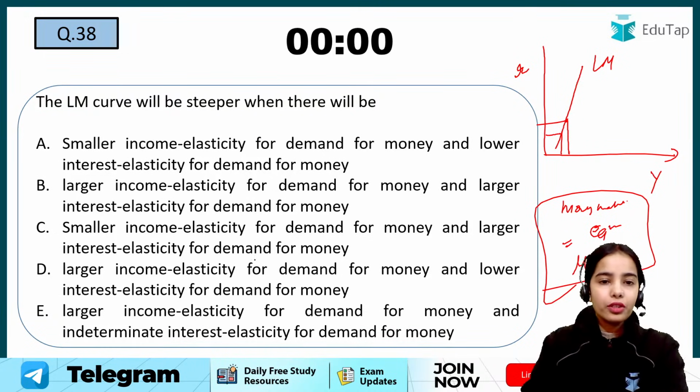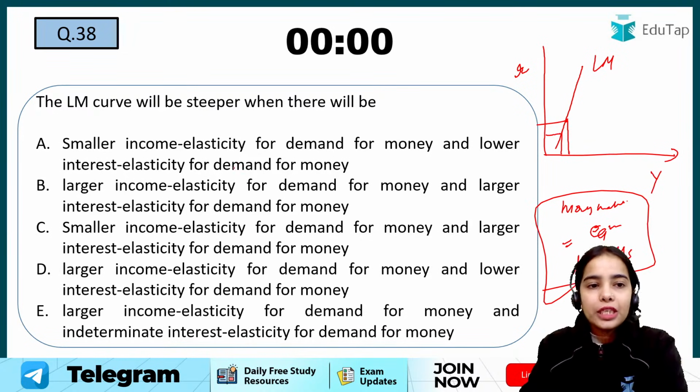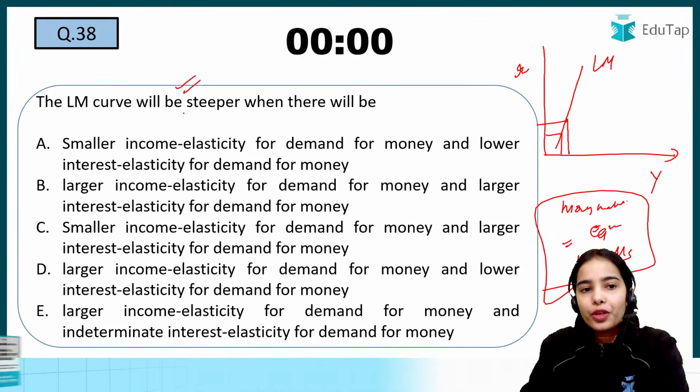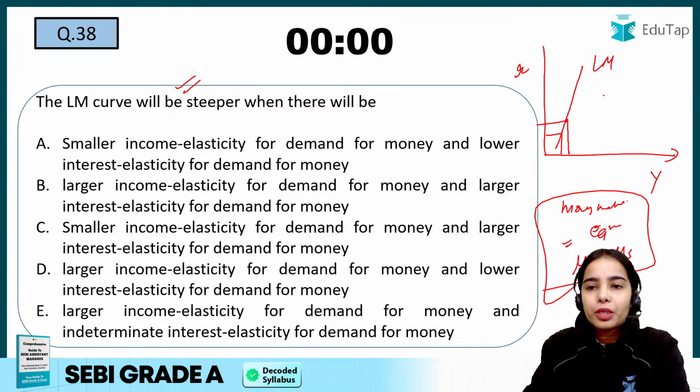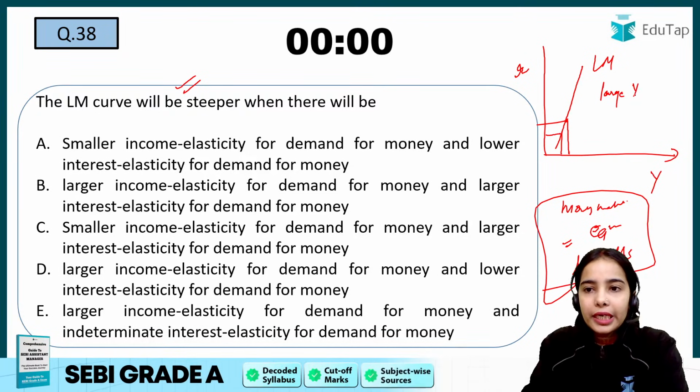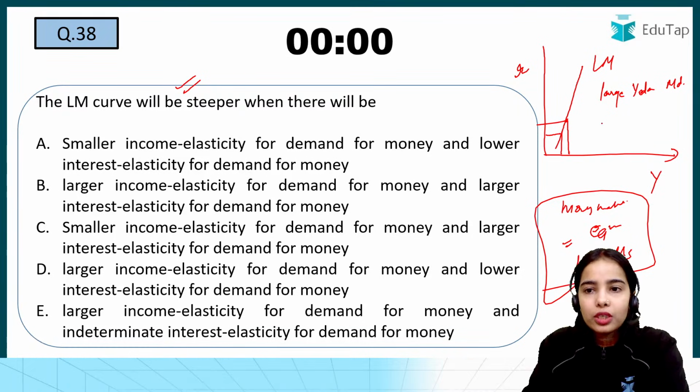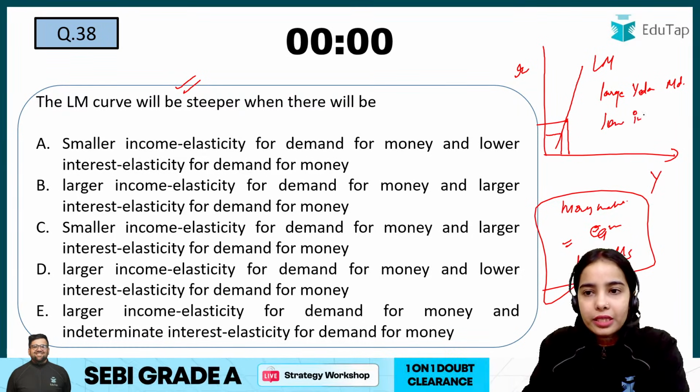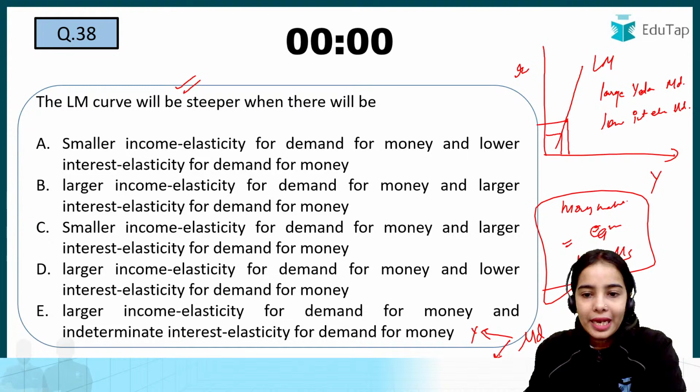Which of the following conditions will lead to a steeper LM curve? For a steep LM curve, there should be a large income elasticity of demand for money and a low interest elasticity of demand for money, because demand for money depends upon the level of income and the rate of interest.